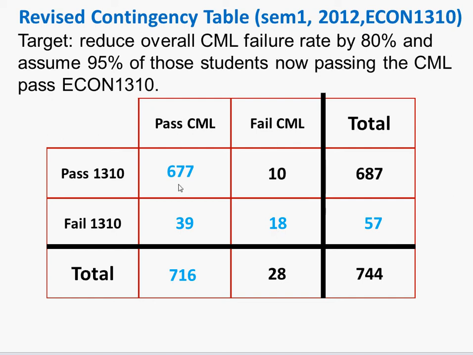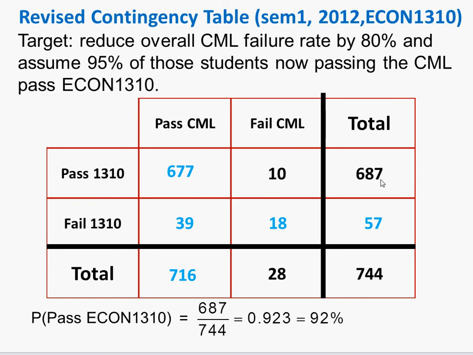You'll see that if you look at those numbers, the total passing the course is around 687. So the chance of now passing the course turns out to be 687 on 744, which is 92%, which is good because that's up from the previous 83%.